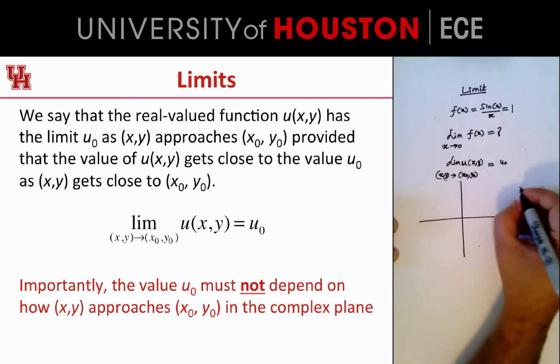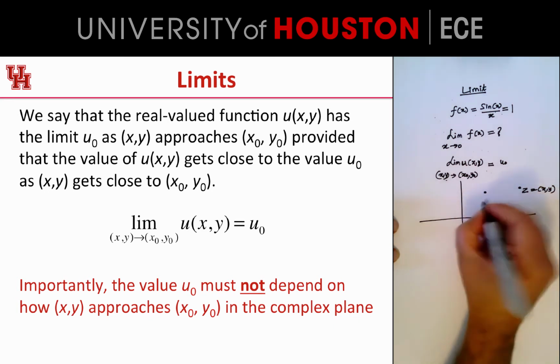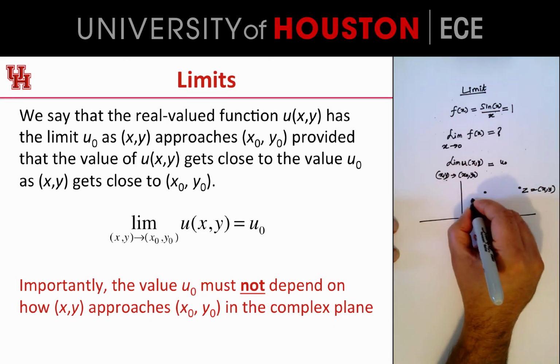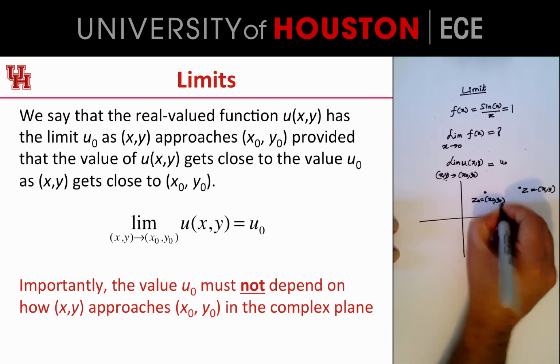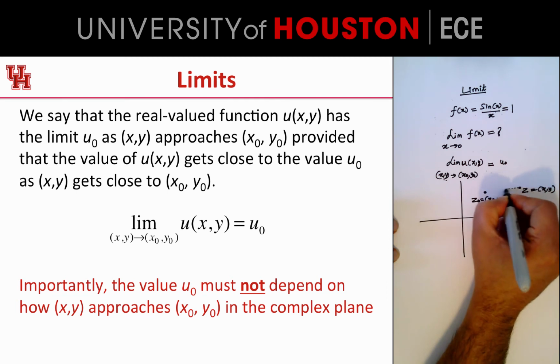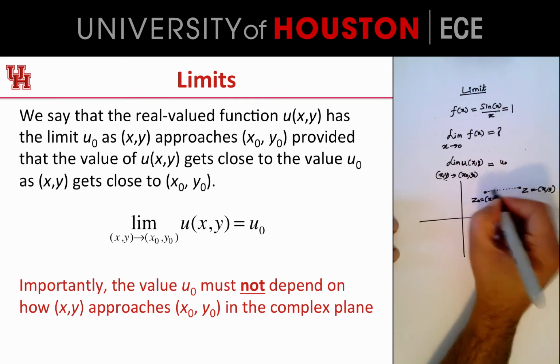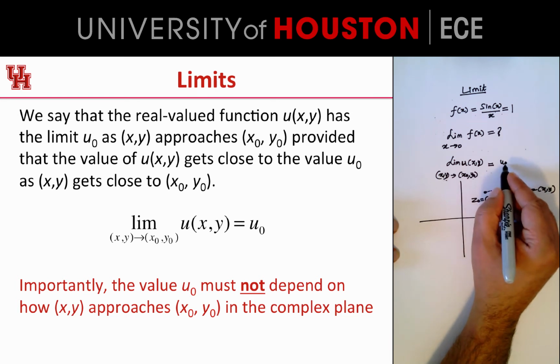Suppose you have a point in the plane. Suppose I call that z, which is (x, y). And then I have another point, say z naught, which is (x naught, y naught). We're talking about this point approaching that one, and as that happens, the value of u approaches u naught.